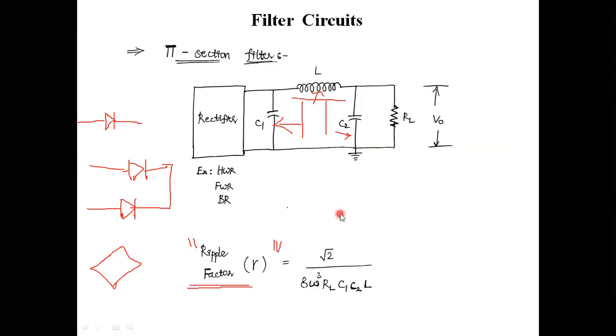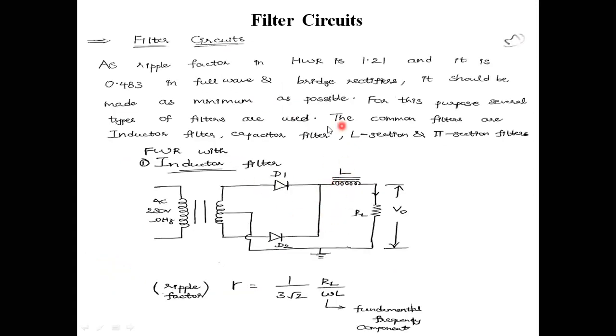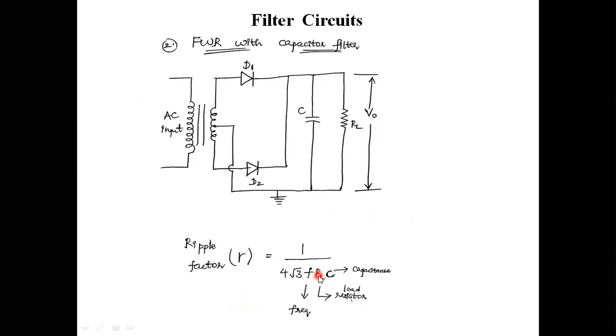These are the circuits. First one is the inductor filter, where inductance L is placed across the load resistance RL, and the ripple factor is gamma is equal to 1 by 3 root 2 RL by omega L. With respect to the capacitor filter, the ripple factor gamma is equal to 1 by 4 root 3 FRLC.